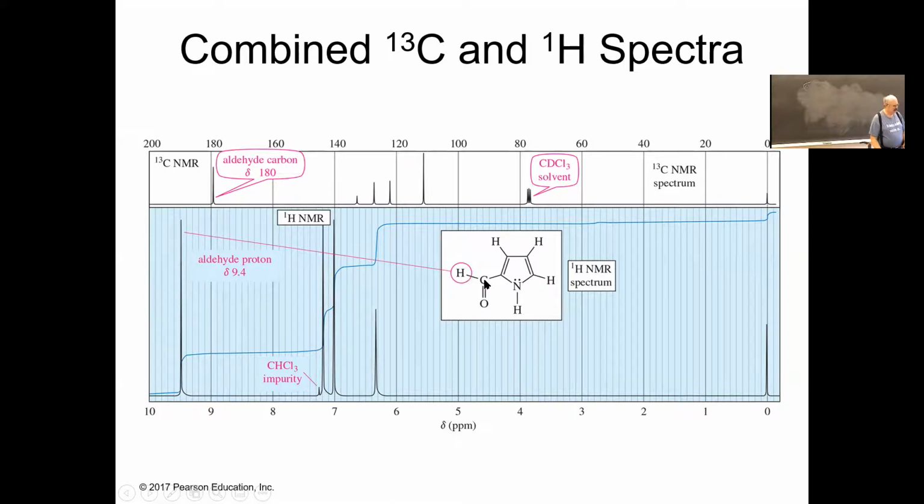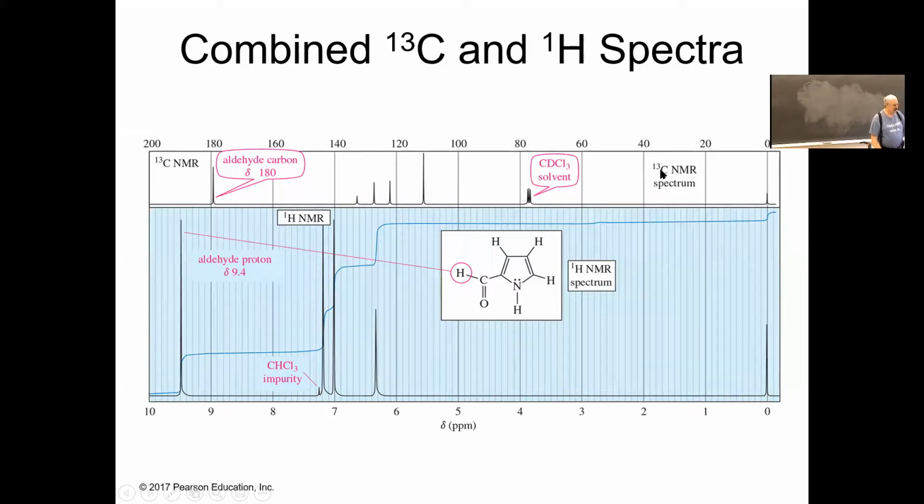That's a singlet since there's no neighbors. And then the other 3 are shown here, and apparently the NH is not showing up. Maybe it's just so broad that we don't see it, or it could be superimposed on this one here. And then once again, 0 is the reference, the TMS that's been added.